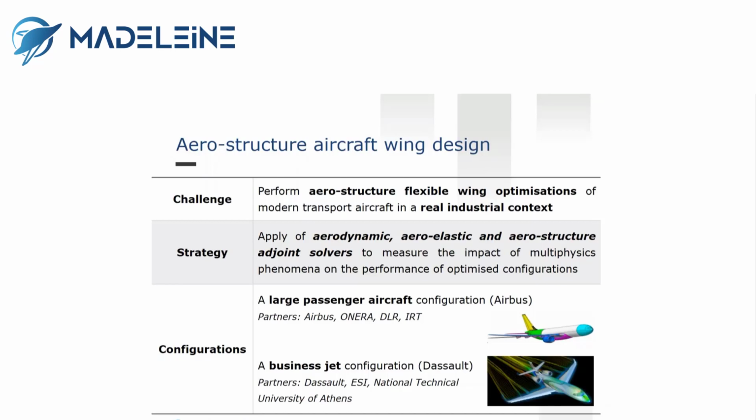The strategy was to apply different adjoint solvers, starting from aerodynamics and integrating progressively more disciplines or more physics in the process, then optimization, to really measure the impact of multiphysics phenomena on the optimal performance of the different configurations.